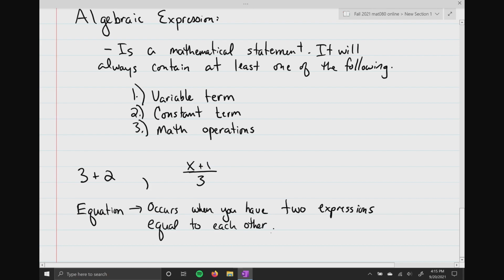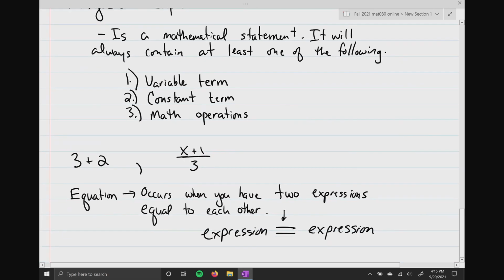In other words, you have an expression on the left side equal to an expression on the right side. This equal sign separates the left and the right sides.